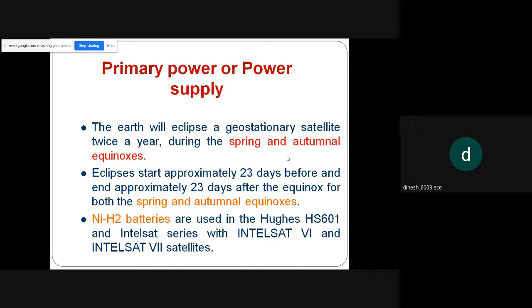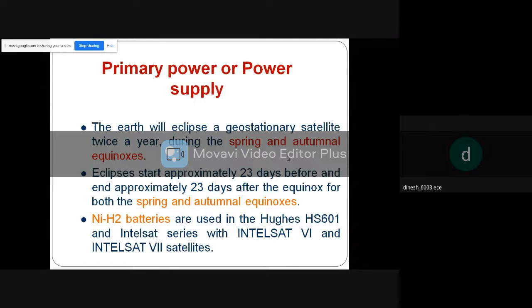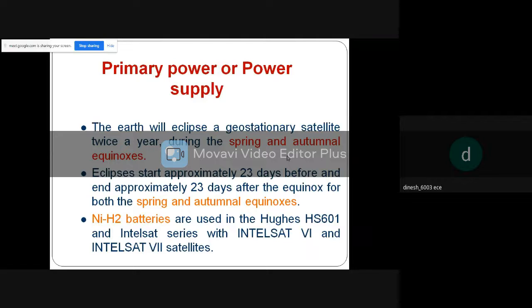NiH2 batteries instead of nickel cadmium are used in the Hughes HS601, and this was mapped with the Intelsat satellite series, with Intelsat 6 and Intelsat 7 satellites, in order to give adequate power supply during the eclipses.